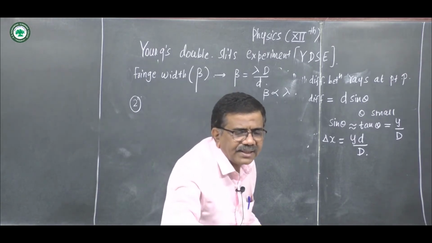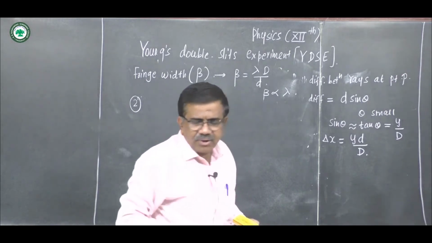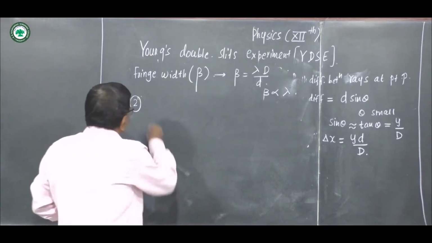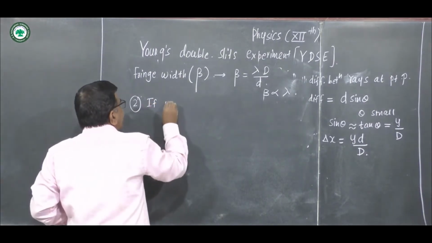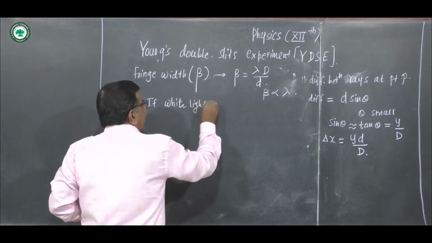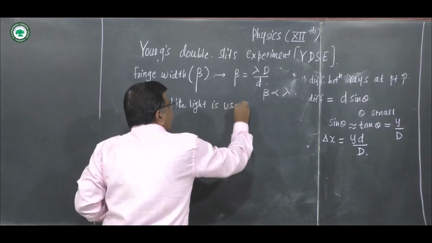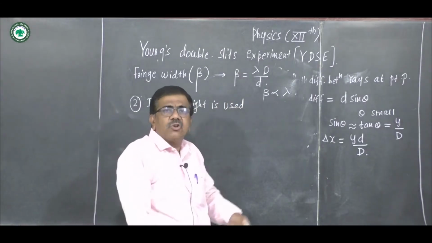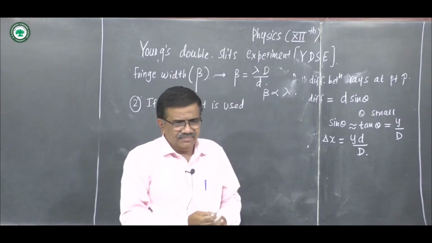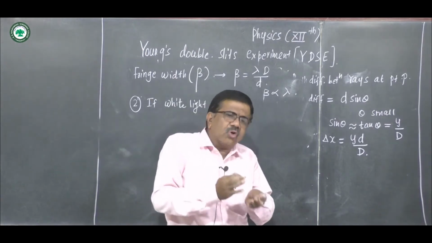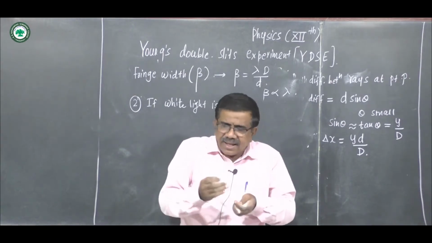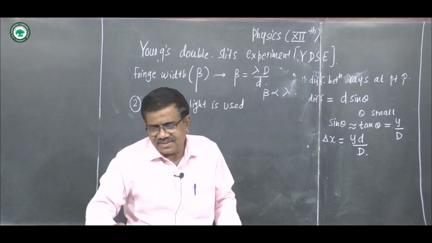But if white light is used in Young's double slit experiment, white light consists of 7 different colors from violet to red. It is not monochromatic. It consists of 7 colors having 7 different wavelengths.